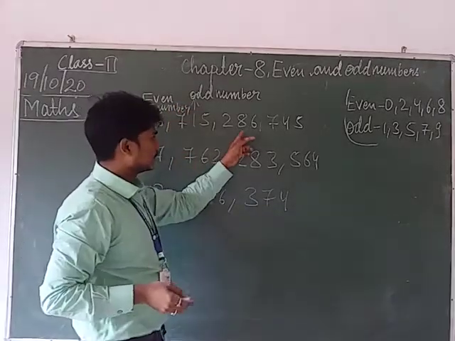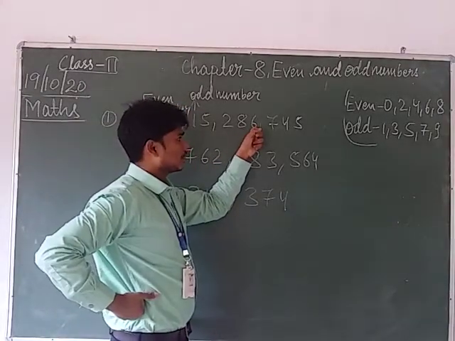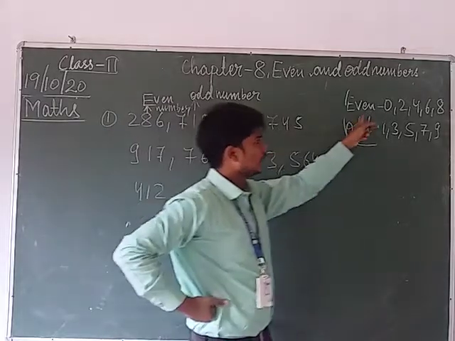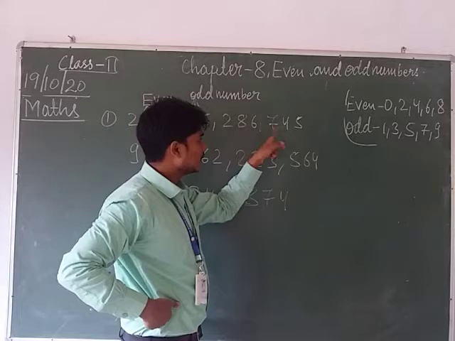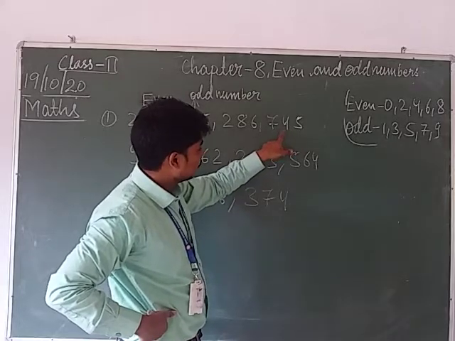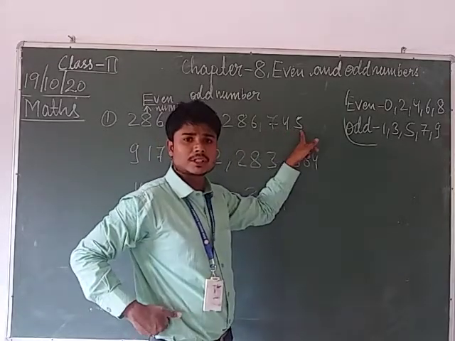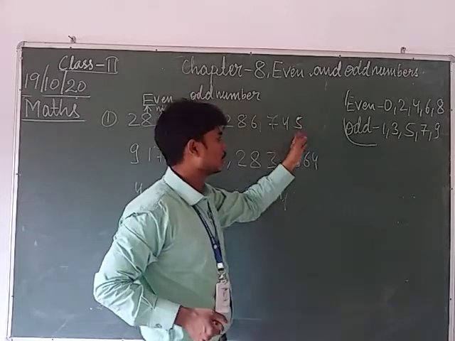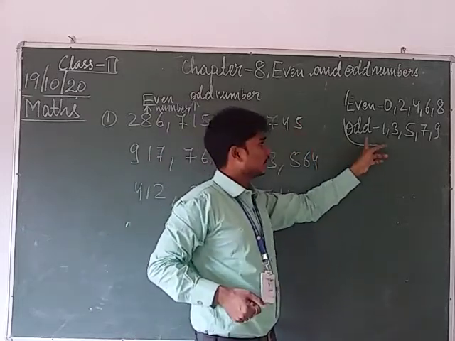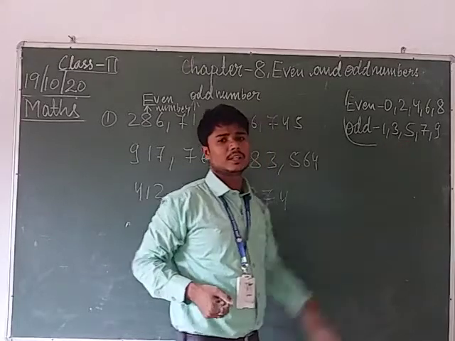Now see again, third one. The number in the unit place is what? 6. 6 is in the even numbers. So this is called an even number. Now fourth one. The number in the ones place or unit place is 5. So this is called what? Odd number.